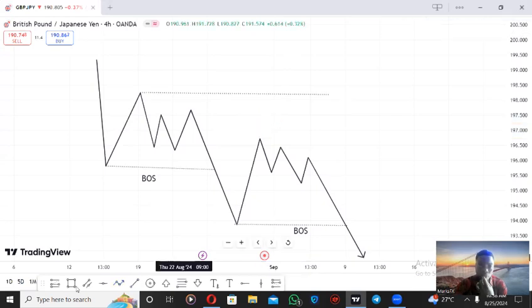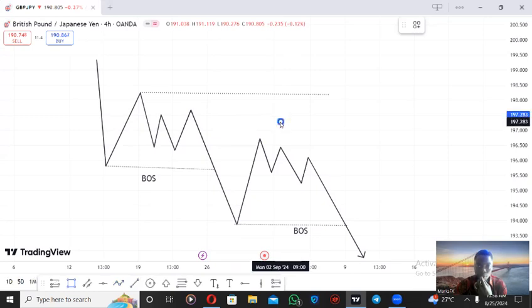For instance, now, you may have buyers push up, okay, like this, and then create a wick here. All right, creates a wick here, for instance.